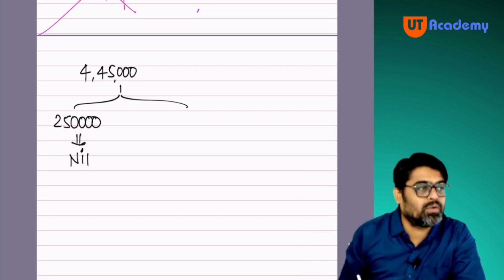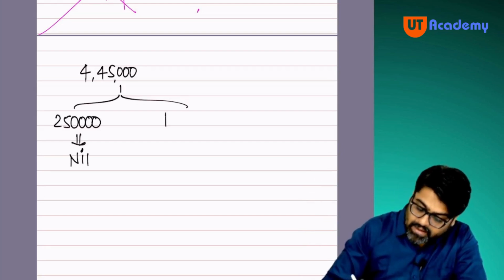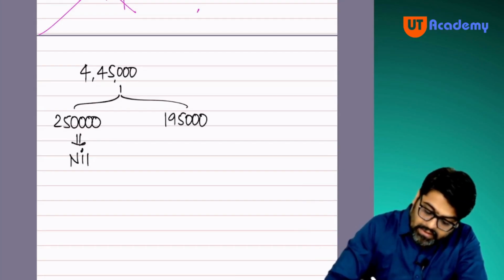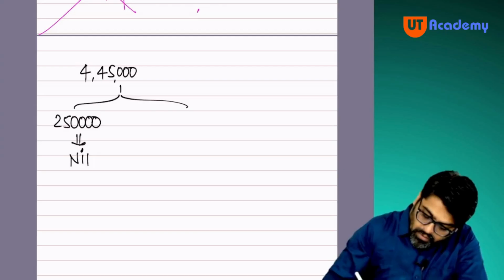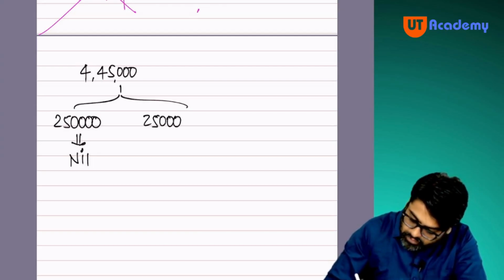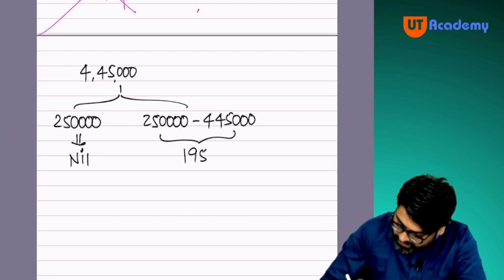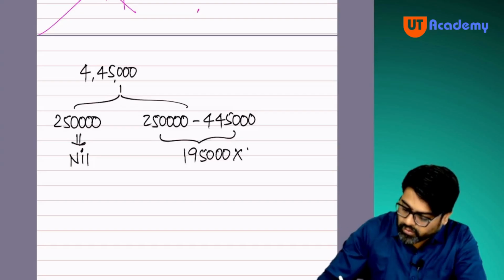How much is that amount? 1,95,000. So from 2,50,000 to 4,45,000, this difference is 1,95,000. On this, you are going to pay 5%. Calculate this 5%.